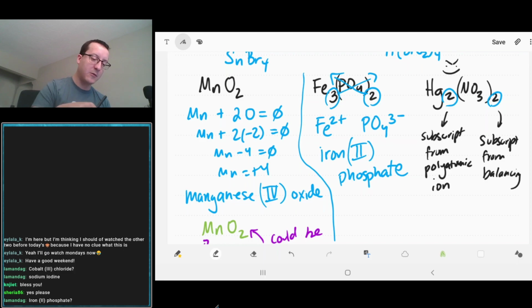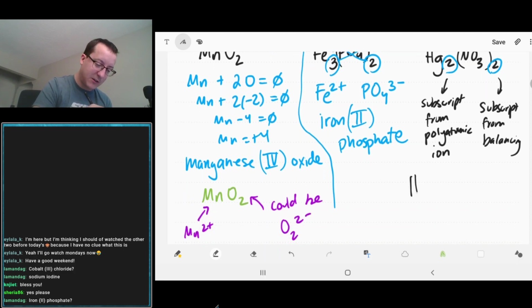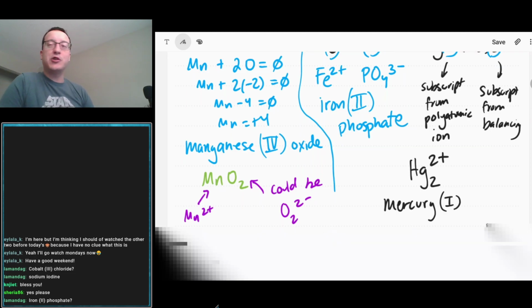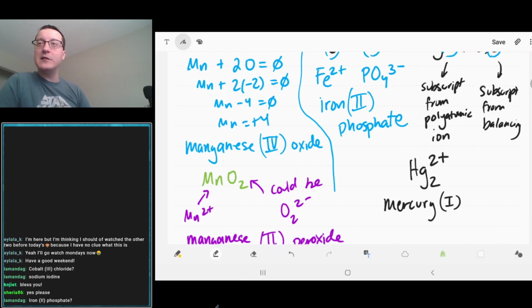And so we have to think, what the heck, is there an Hg2 polyatomic ion? And yes, there is. Hg2 2+ is mercury 1. Which I understand looks confusing because we just did all these transition metals that have the same idea.